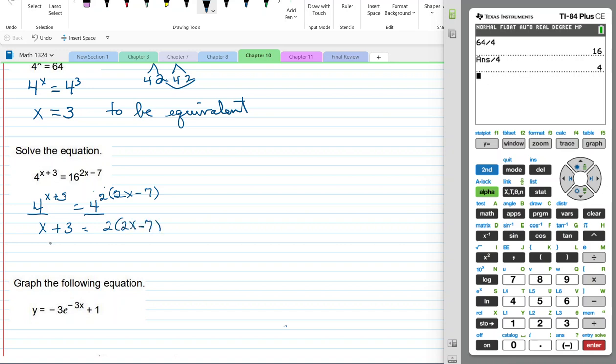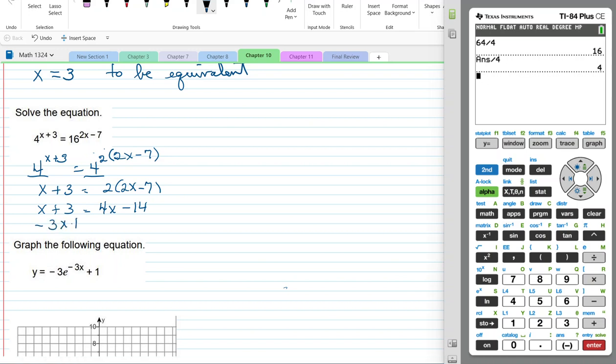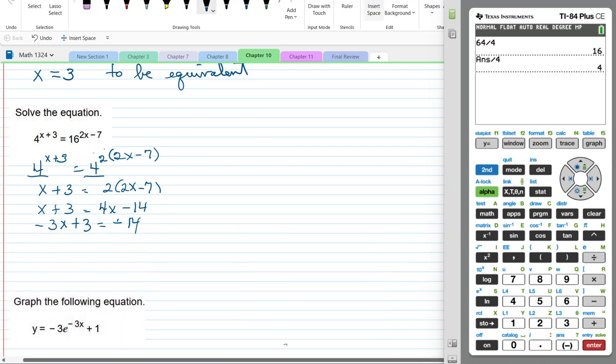We're going to do a little bit of math on this one, nothing serious. 4x minus 14, distributive property. I'm going to subtract the 4x. I'm not worried about the negatives just yet. I'm going to subtract the 3.